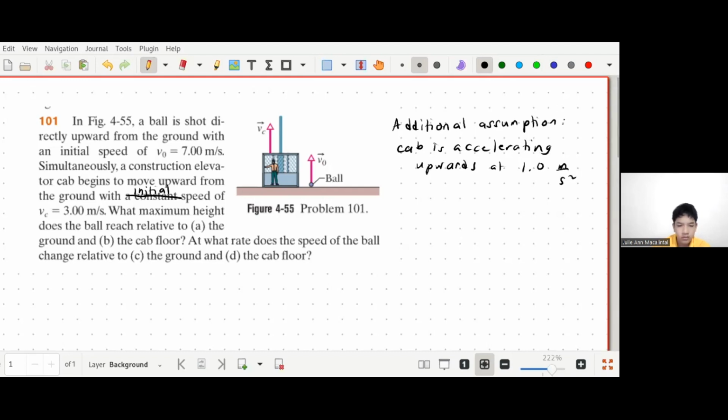So screenshot and then let me send. So ito, no? So dito, the cab will have an initial speed of upwards of 7 meters per second. And it's accelerating at an acceleration of 1 meter per second square.